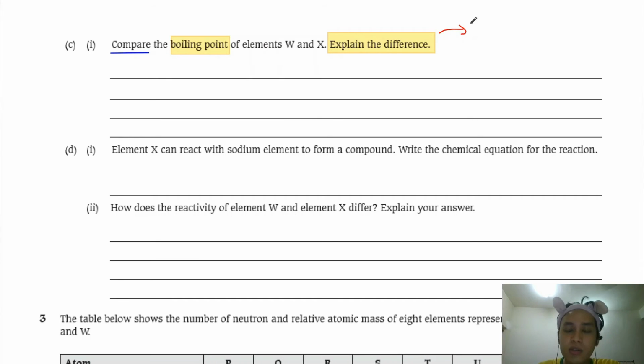Boiling point is almost the same. So the first thing you write about is the size. Second point, you write about the attractive force between molecules.